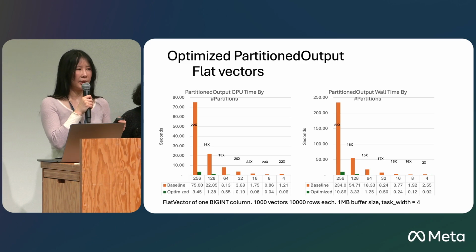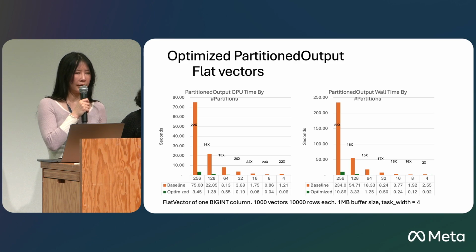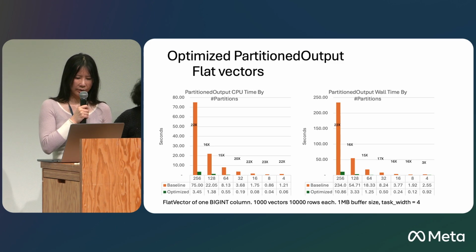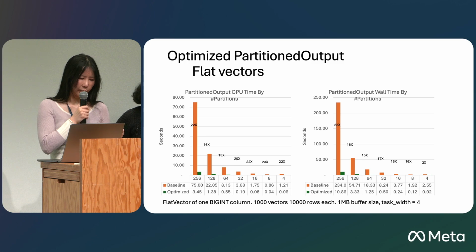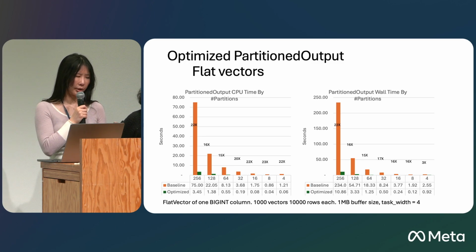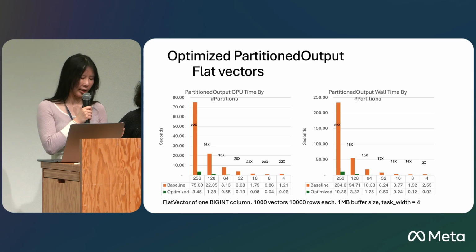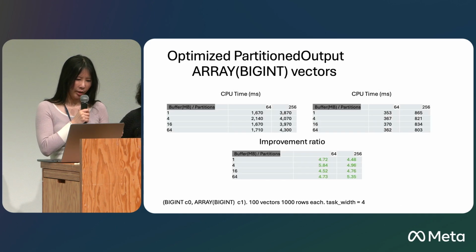I have implemented it for flat vectors, array vectors and dictionary vectors, and I'm still working on those, but got some pretty good numbers so far. For flat vectors, we can see over 15 times to over 20 times improvement. This is done using the exchange benchmark.